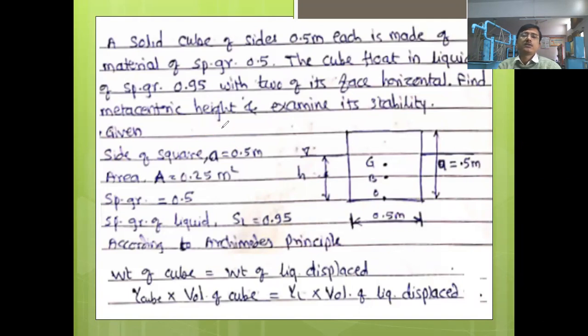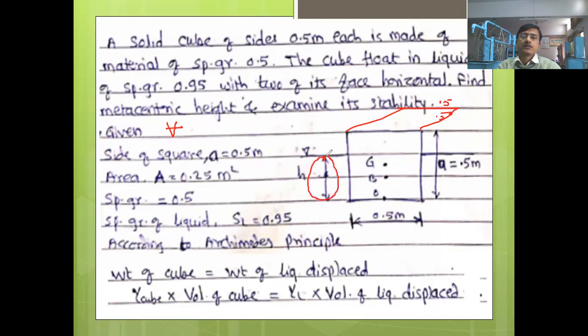To find out the volume of water displaced, you should know the depth of immersion, because the upper dimensions you know, they are the same. Okay, this is 0.5, this is 0.5, but the depth of immersion, this h, should be known to you.